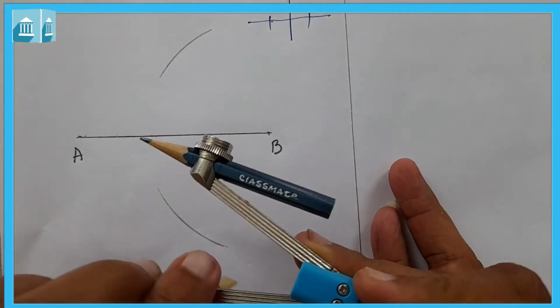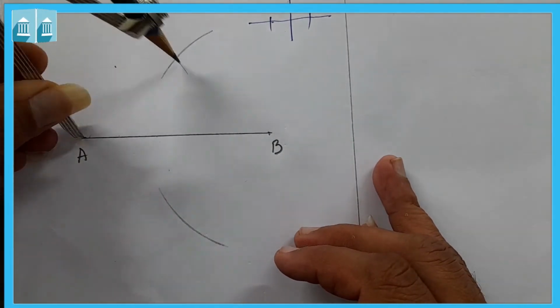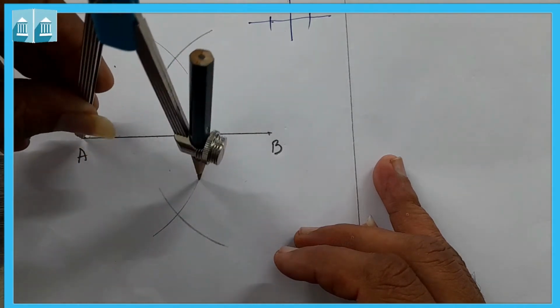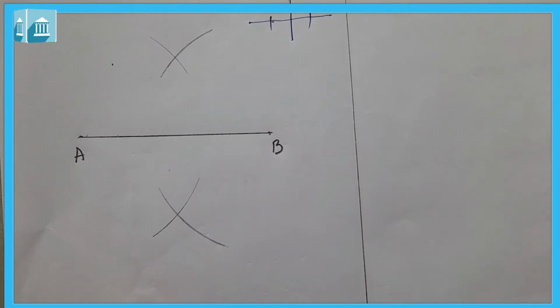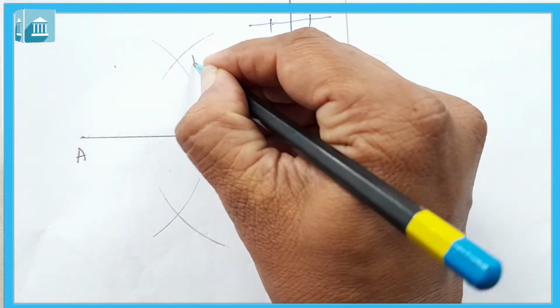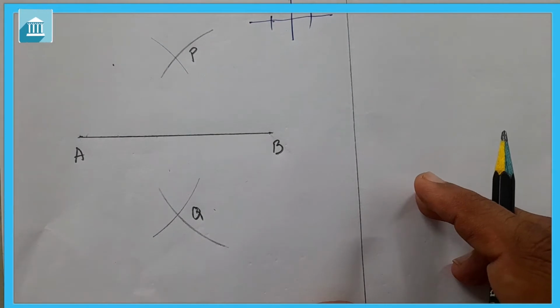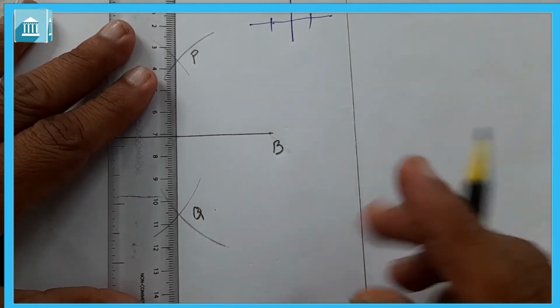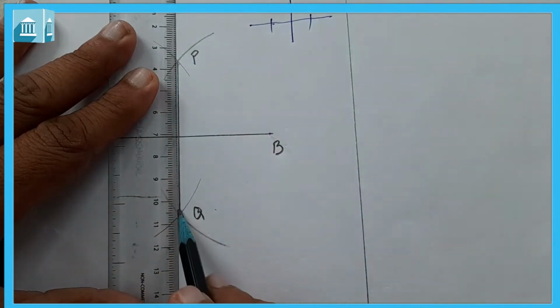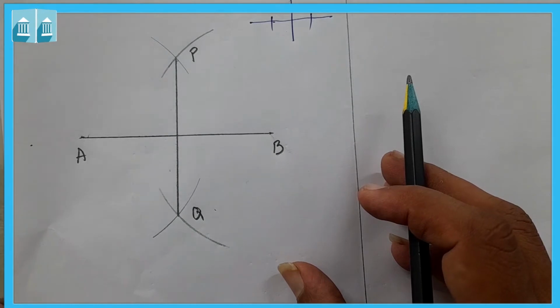Now with the same radius and center A, draw another arc here and here. Let us name these two points P and Q, and when we join the line segment PQ, PQ is the perpendicular bisector of AB.